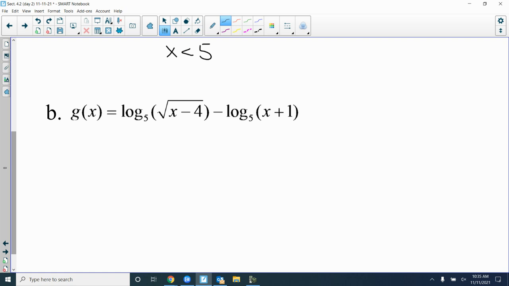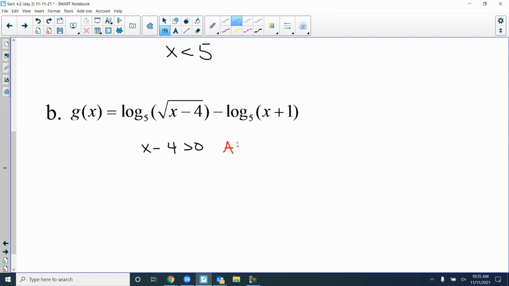You're taking the log of both pieces. Both pieces need to be positive, but just deal with one of them at a time. So x, and I don't really need to worry about the radical underneath there. You got to have a positive underneath the radical anyway. So x minus 4 has to be greater than 0.